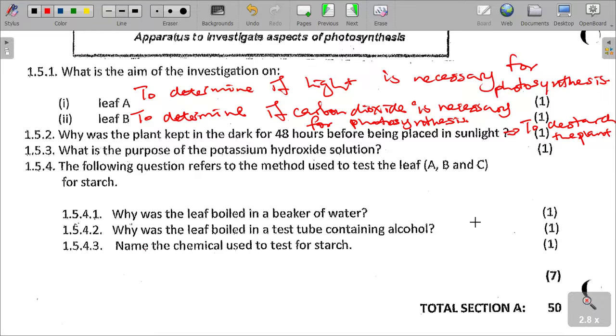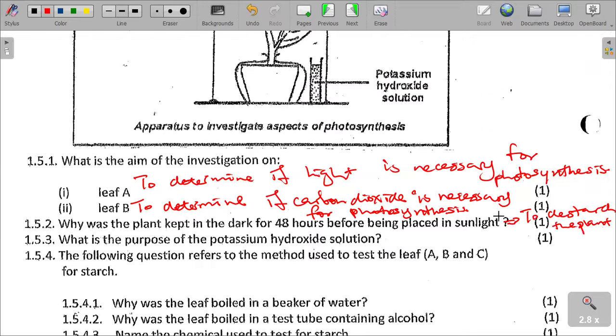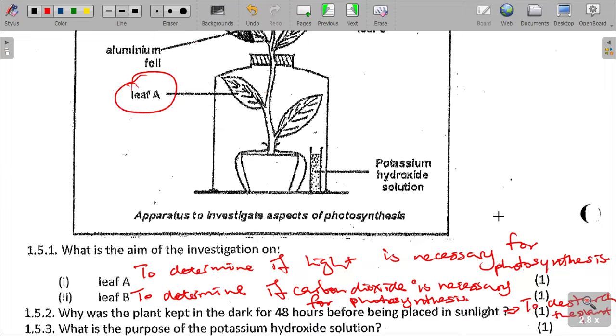And then what is the purpose of the potassium hydroxide solution? It is used to absorb carbon dioxide from within the bell jar there. 1.5.3, what is its function?